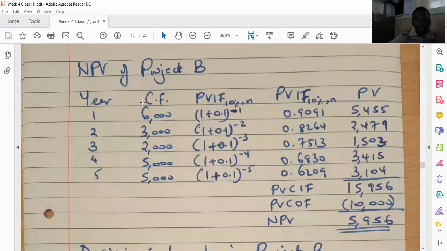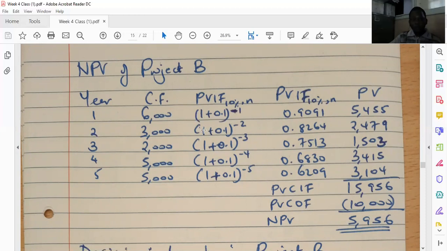So we multiply each cash flow by its present value interest factor. The present value interest factor is 1 plus the interest rate raised to the power of negative n, the year in which this inflow was experienced. So the present value interest factor for year 1 is 1.01 raised to the power of -1.